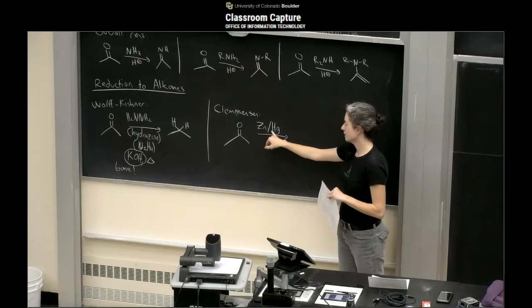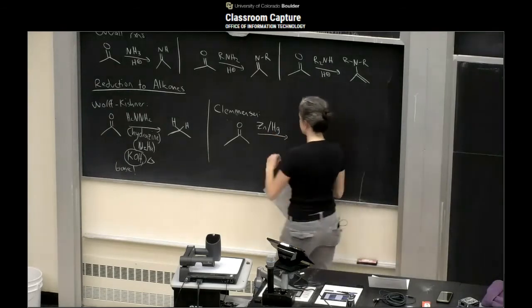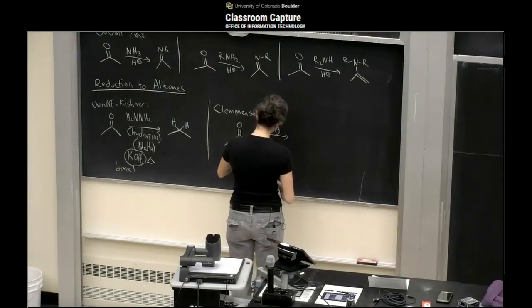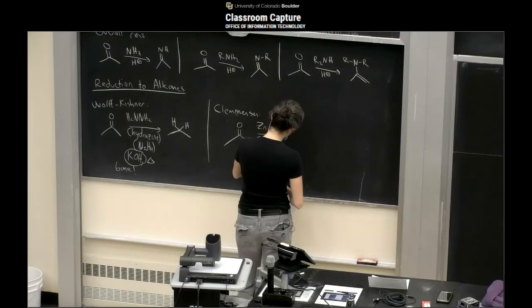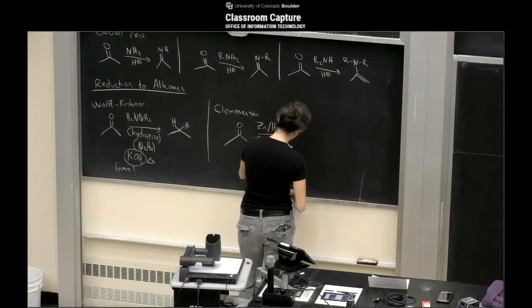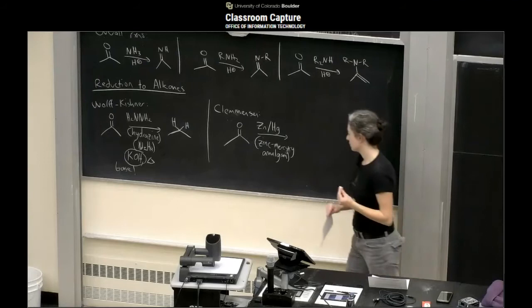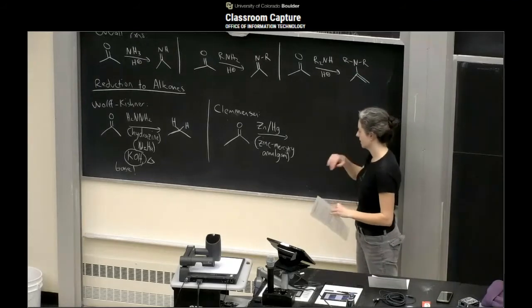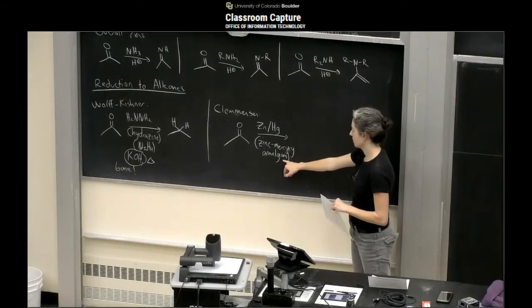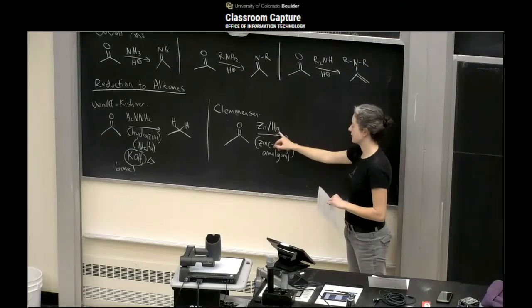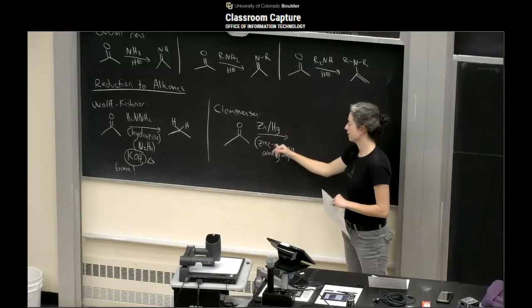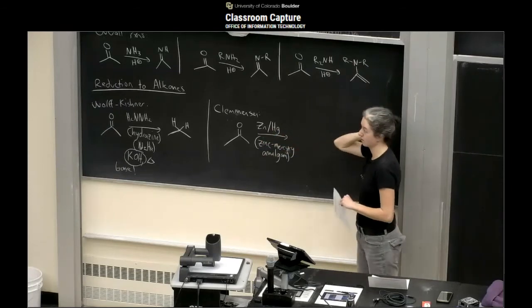This is also called zinc-mercury amalgam, because amalgam is kind of an old term for two metals mixed together. But traditionally that was done with mercury with whatever other metal. So this might also just be written as zinc amalgam.